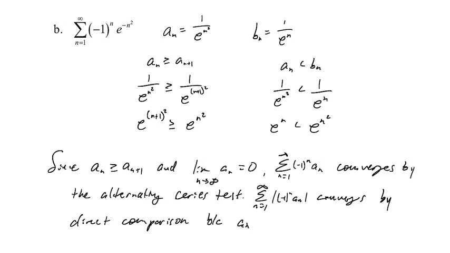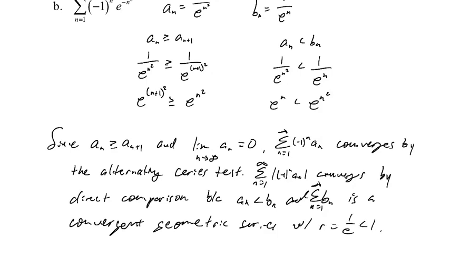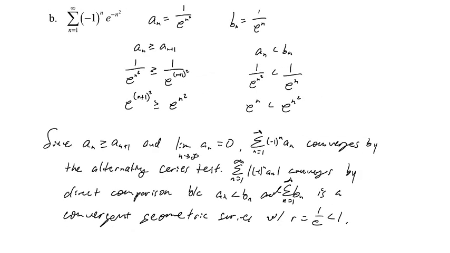So a sub n is less than b sub n, and the series for b sub n is a convergent geometric series with r equals 1 over e, which is less than 1. Cool. So you got to state everything.